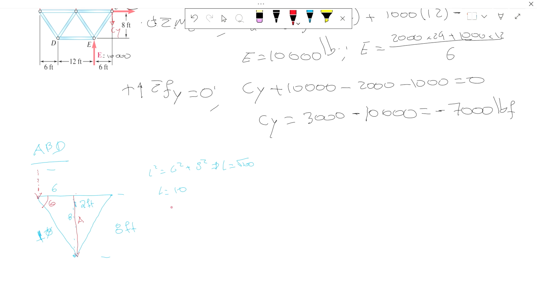The way to do that is with the cosine. Cosine of theta is equal to 6 over 10, or 3 over 5. So theta is cosine inverse of 3 over 5.